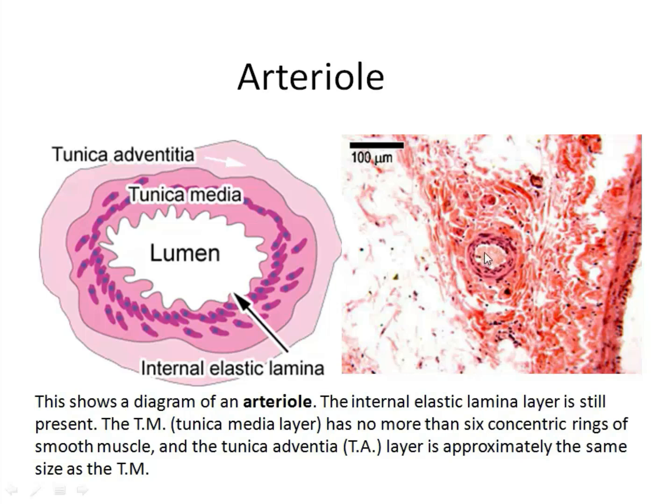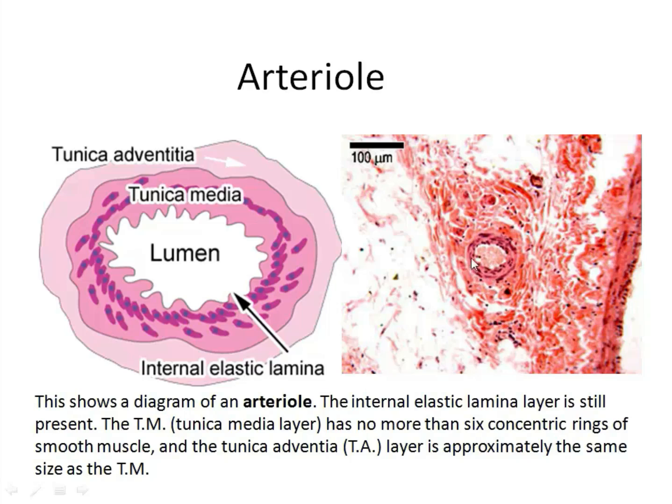Imagine that it is an empty white space, so you can compare this lumen here. Now around it, this dark pink portion with the violet dots is the tunica media. All these violet dots indicate single smooth muscle cells with the nucleus.